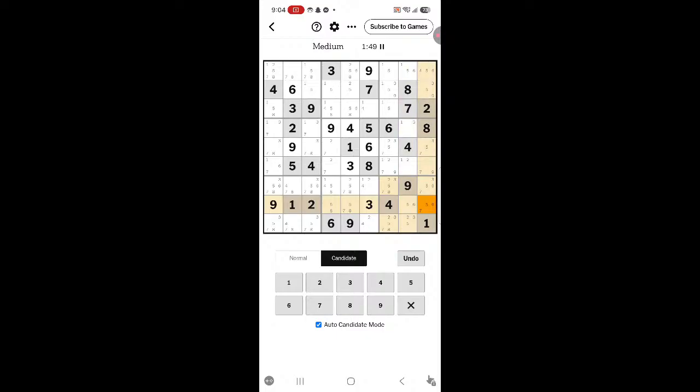6 over here equals not 6 elsewhere in the box, so this is false. Equals 6 in this one. And also that would have precluded this one also cannot be 6 because it has to be here. We need 6 here, so that's obviously 6. This is 6.